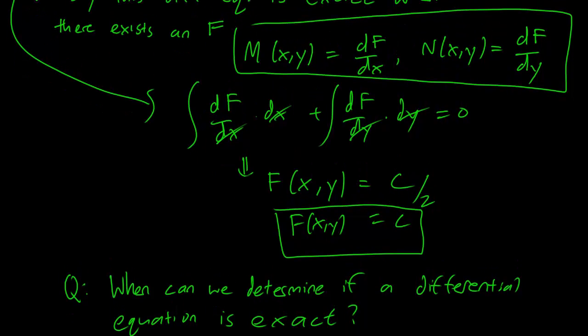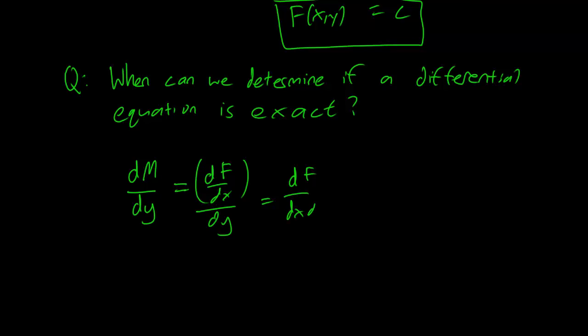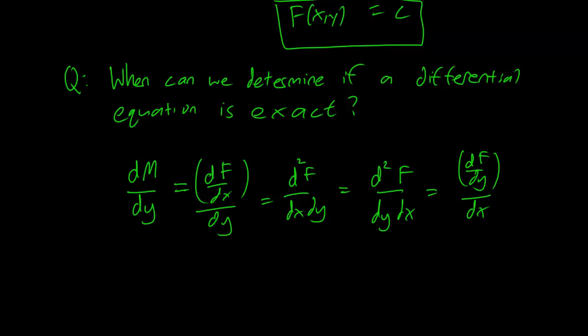So if that holds, then dM/dy equals d/dy of df/dx, which is going to be equal to the second derivative d squared f/dy dx. But remember that we can switch the order of differentiation without any issues, so this is equal to d/dx of df/dy, which is equal to dN/dx.